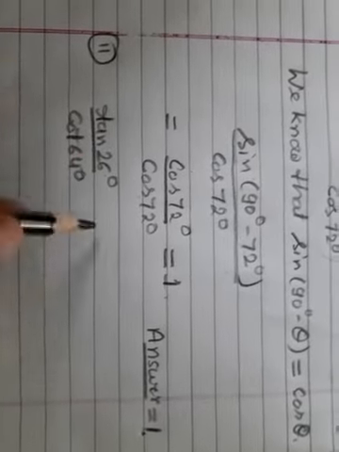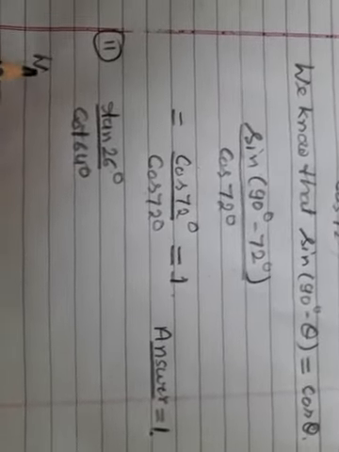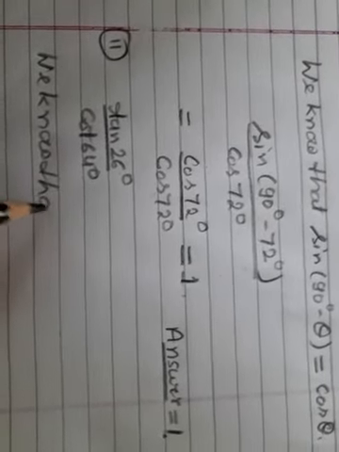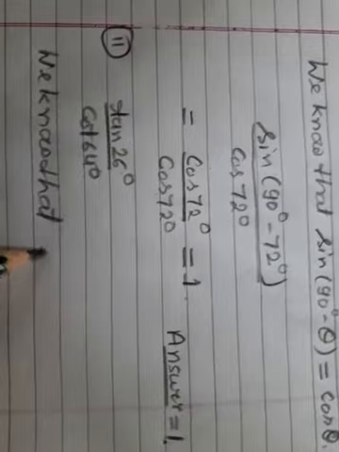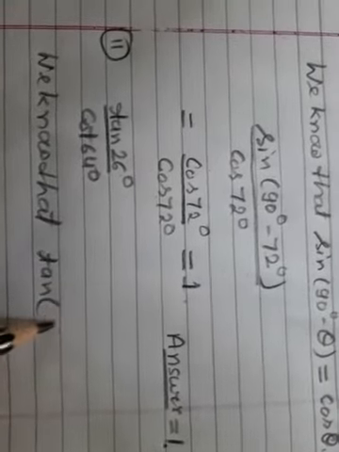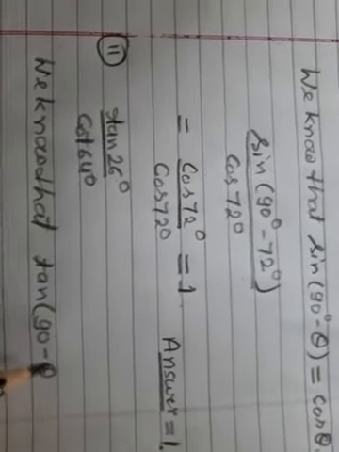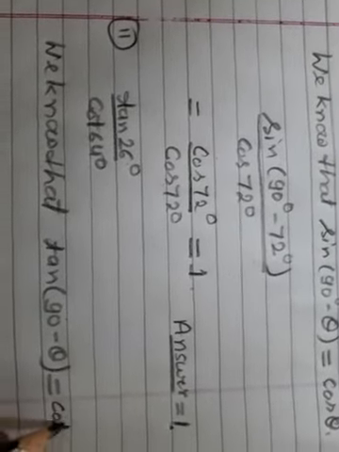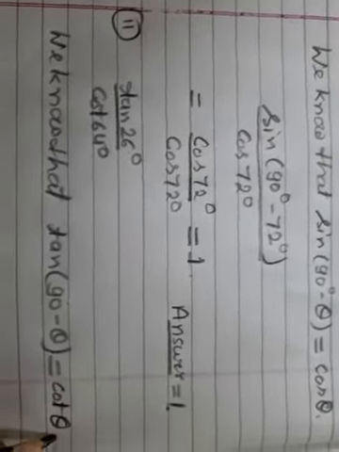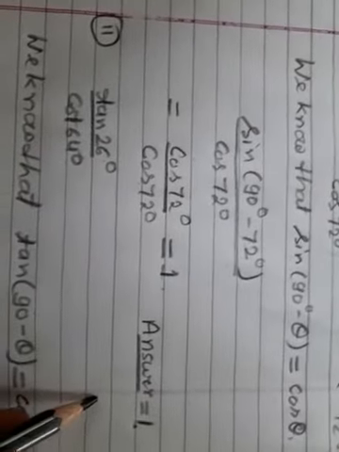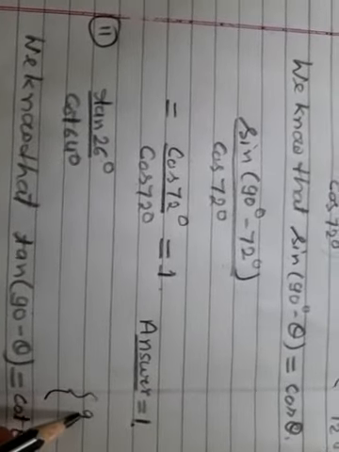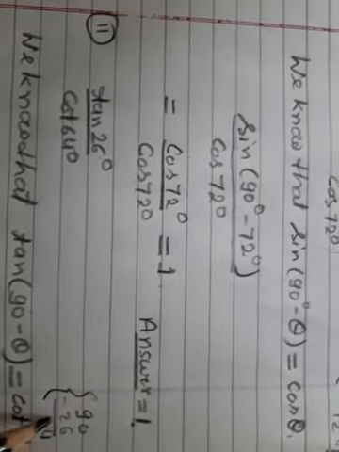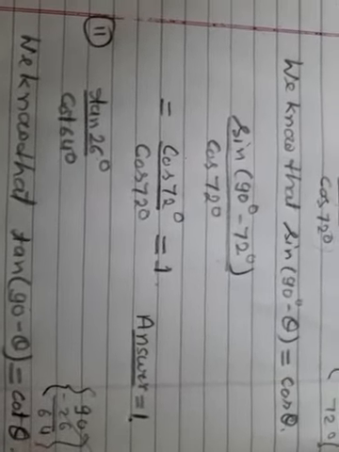We know that tan of (90 minus theta) is equal to cot theta. In rough work, 90 minus 26 gives us 64. Clear? This is the rough work.